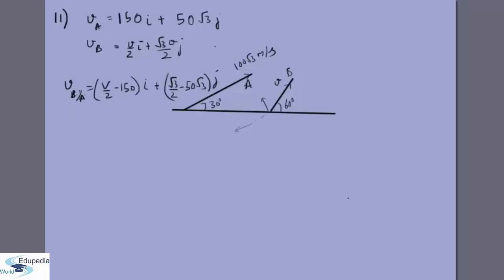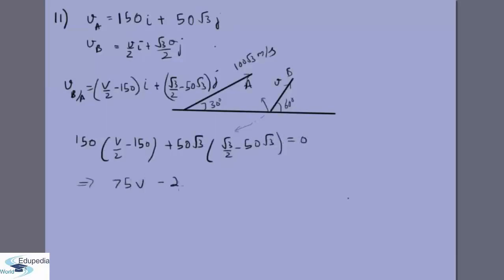And we are given that this vector is perpendicular to VA. So the dot product of this vector with VA should be 0. That means 150 times (V by 2 minus 150) plus 50 root 3 times (root 3 V by 2 minus 50 root 3) is equal to 0. Which means 75V minus 22500 plus 75V minus 7500 is equal to 0.